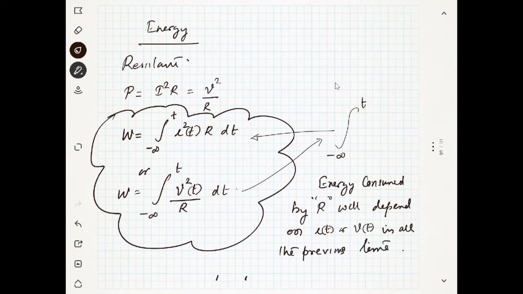That's why we integrate from minus infinity. Have you understood this point? Is it clear? Yes, doctor.